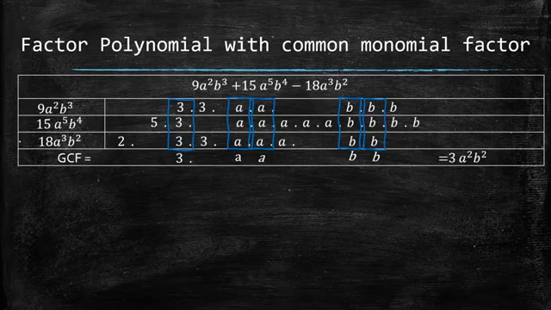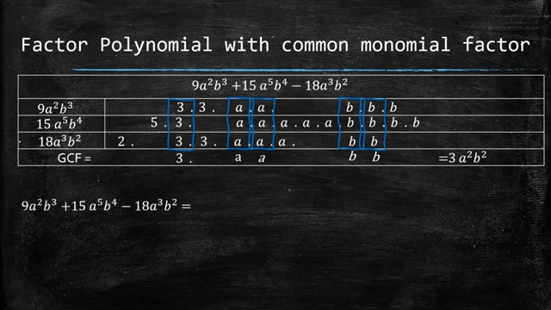Okay, itong example nato ganina nga 3 terms. Again, first thing that you're going to do is to write down the given. After, check unsa ang nabilin sa bawat term. First, you have to find the GCF or the common monomial factor nila, which is 3a squared b squared.